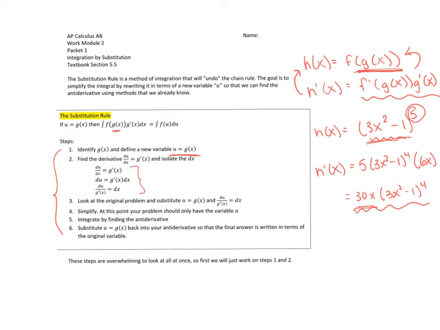The reason we do that is because we're trying to identify all the pieces of this original problem, the different components. I want to identify the inside function g of x, and I want to identify g prime of x. So that's what we're going to work on first.